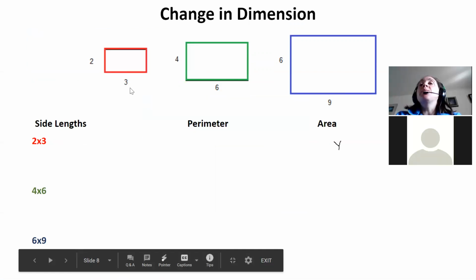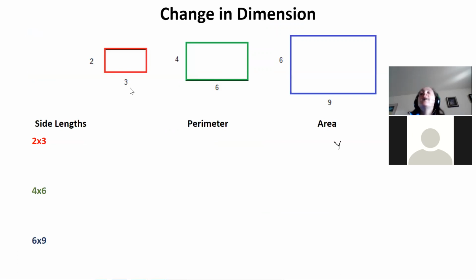Awesome. Okay, we're going to switch gears a little bit. We're going to talk about changing dimensions. Now, this part always confused me a little bit because there's just a little tweak there. This might be confusing because you did have to go through it when we had no class.